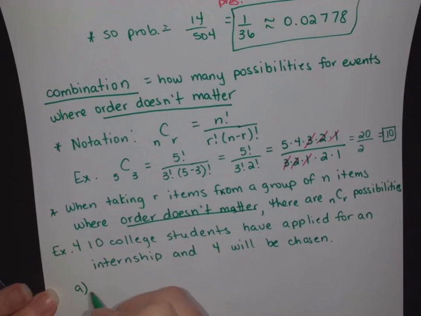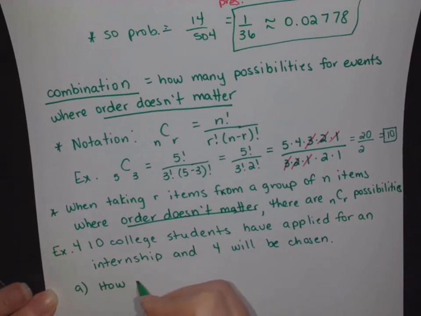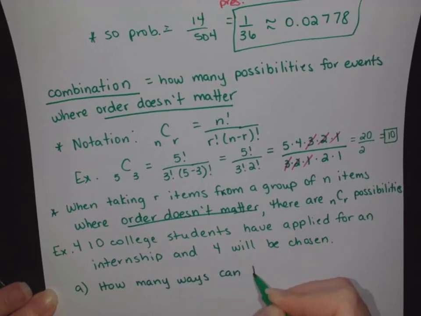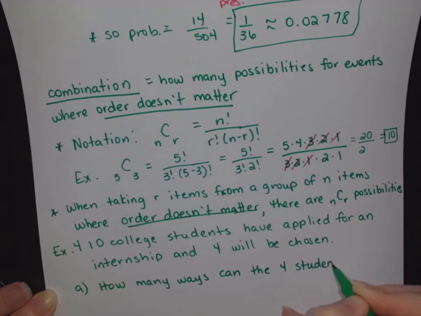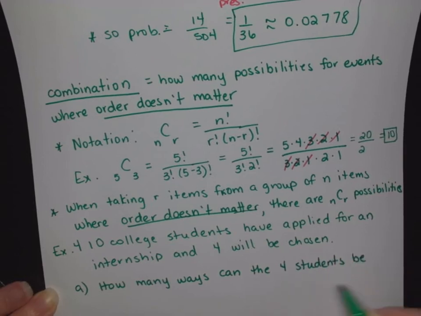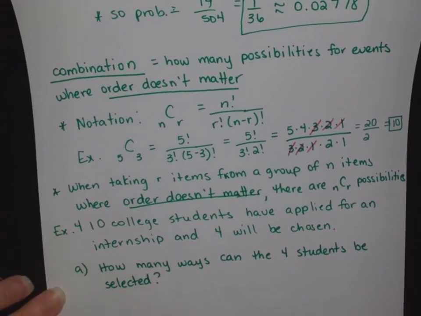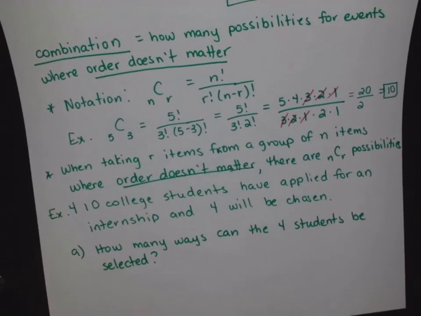Okay, so my first question is, how many ways can the 4 students be selected? So notice, just like the permutations, we are picking a group of 4 out of a larger group of 10.